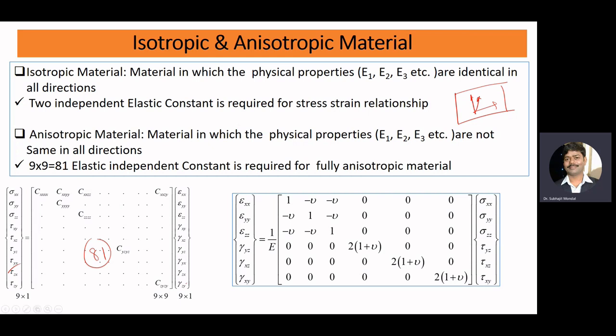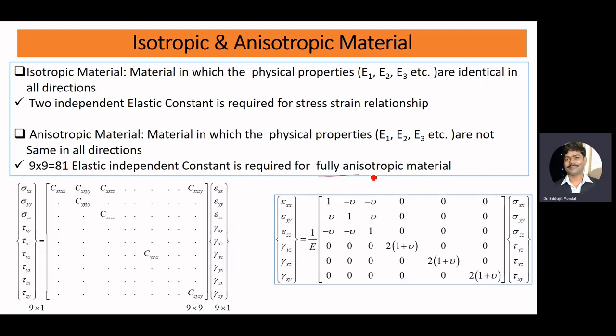For a fully anisotropic, or ideally anisotropic, material, there are 81 independent elastic constants. But we may not get such a material. For a generally accepted anisotropic material, there are a total of 21 elastic constants.